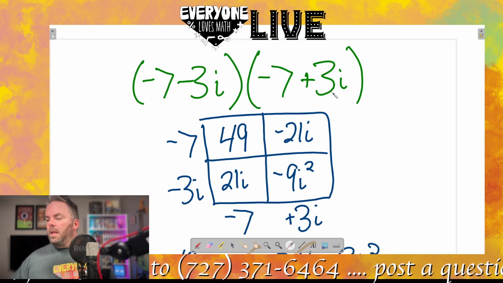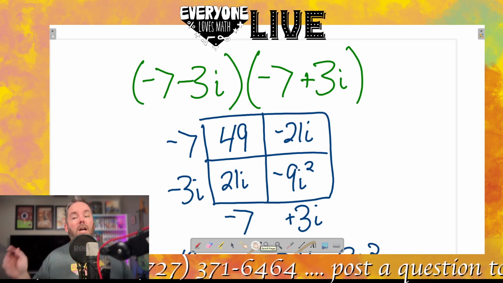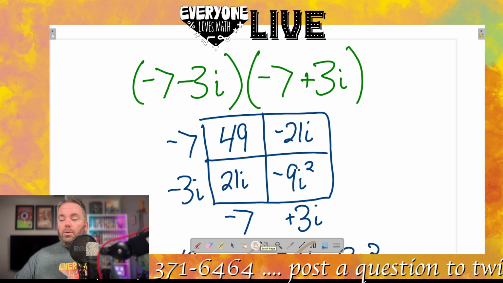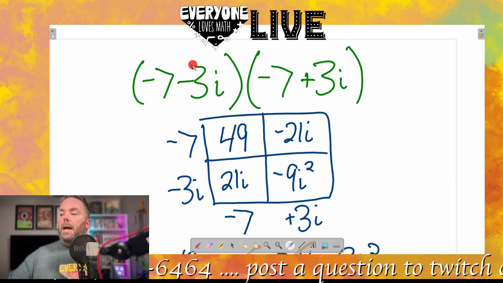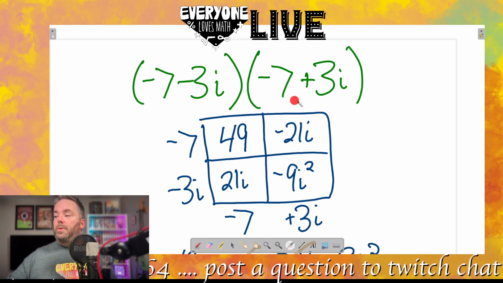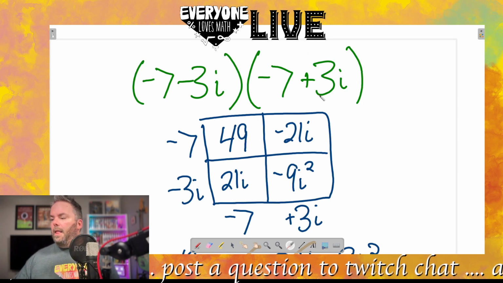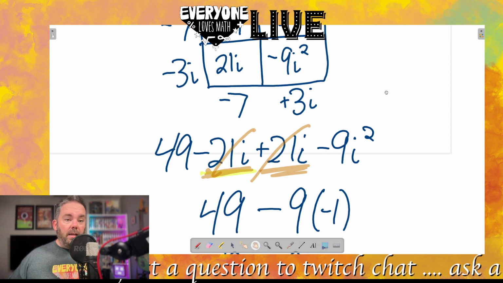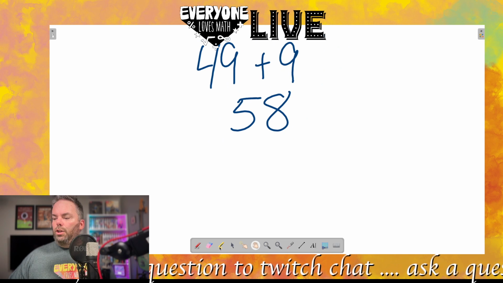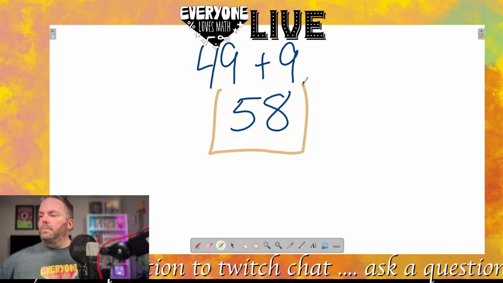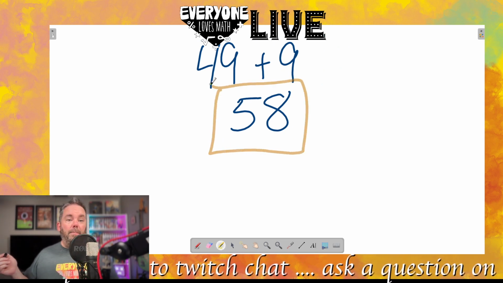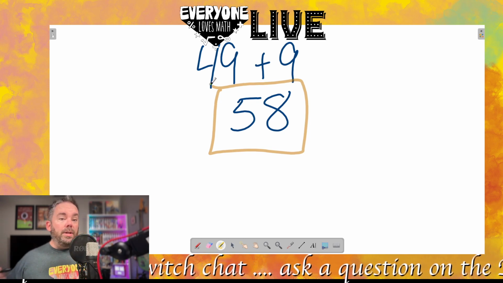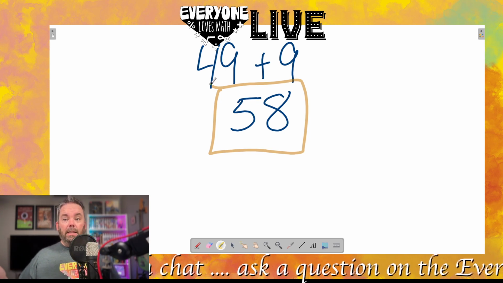And because these two complex numbers, negative 7 minus 3i and negative 7 plus 3i, are conjugates, then when we multiply conjugates together, look at what the answer is. It's not a very special number. It's the number 58. But notice, 58 is pretty.